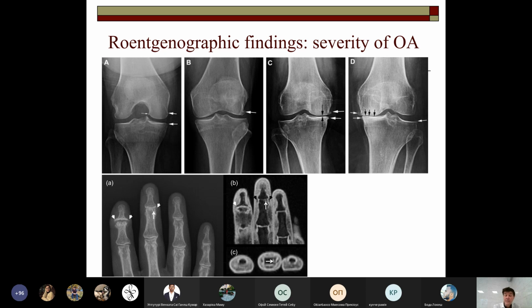In the next one, we can see the narrowing of the fissura on stage 3. Figure C clearly illustrates these findings. In stage 4, figure D is a good illustration of the advanced stage associated with complete movement limitation due to destroying of the cartilage as well.